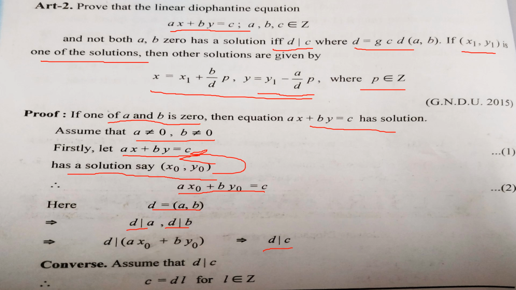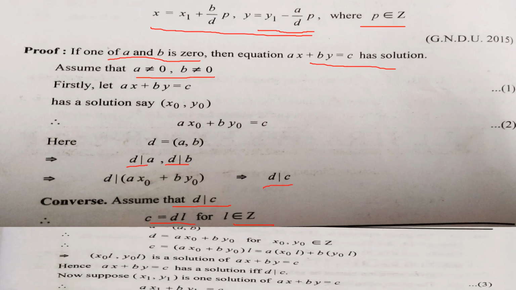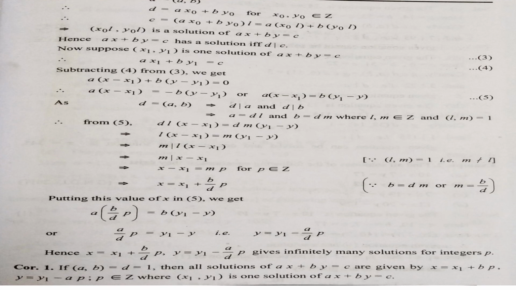So if this equation has a solution, we get the result that d divides c. Conversely, we are given that d divides c, and we have to show that this equation has solutions. If d divides c, then we can write c is equal to d l, where l is an integer. As d is the GCD of a and b, we can write d as a linear combination of a and b.